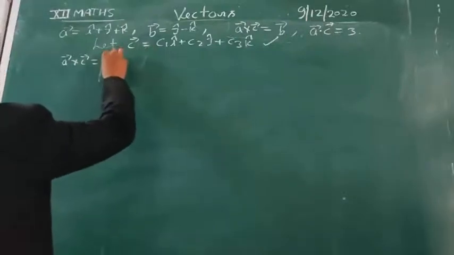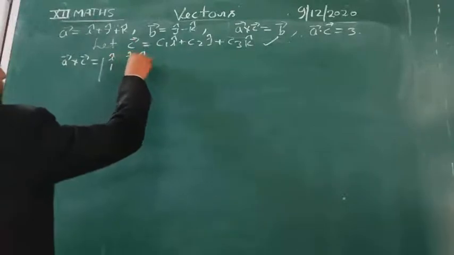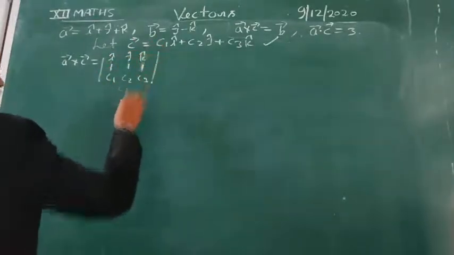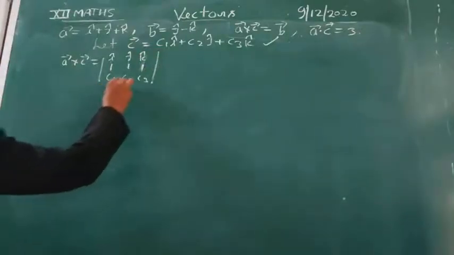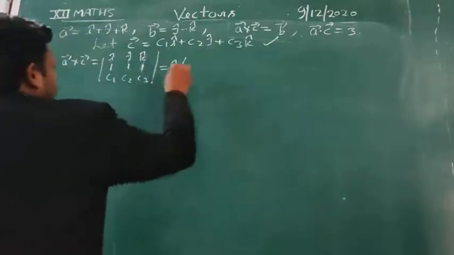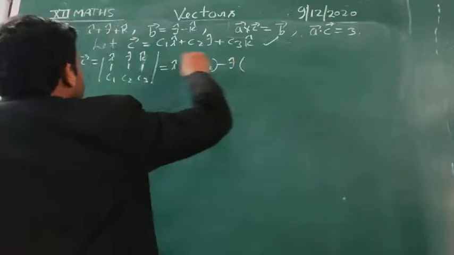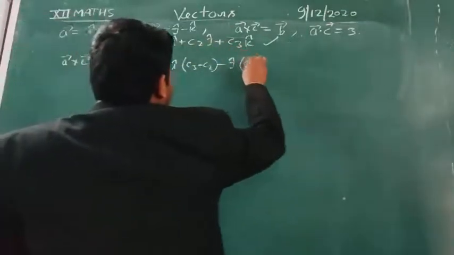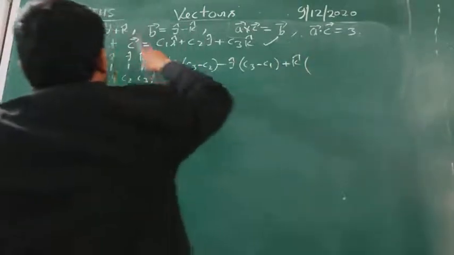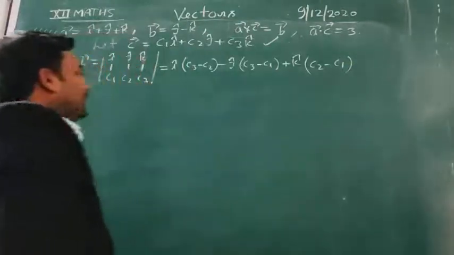Here is I, J, K, and then 1, 1, 1, and C1, C2, C3, and this is a determinant. Now we will expand this determinant. So we are getting I (C3 minus C2) minus J (C3 minus C1) plus K (C2 minus C1). Okay, student?